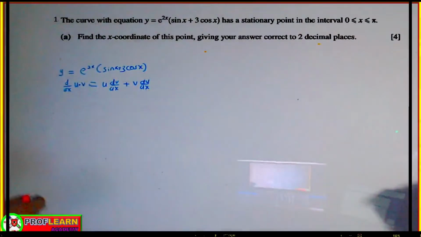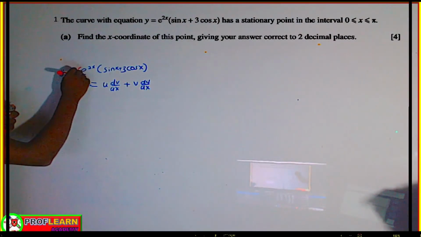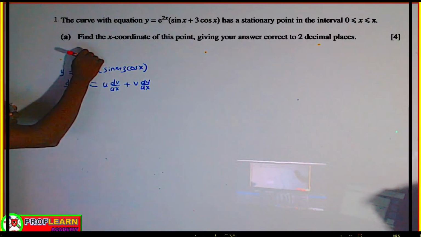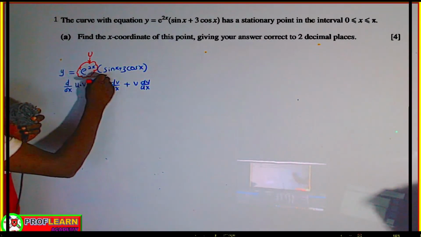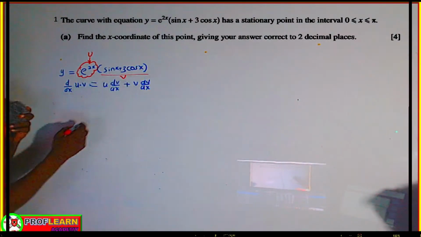We can decide and say this one here, e to 2x, represents our u, and then the whole of this function is going to represent our v.